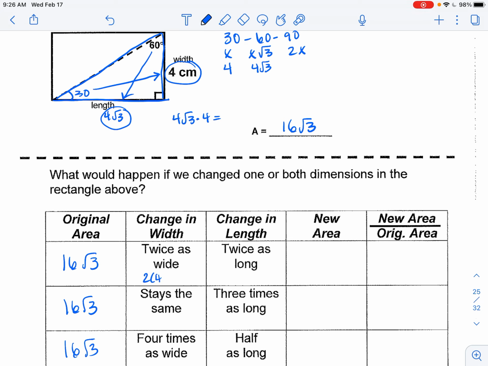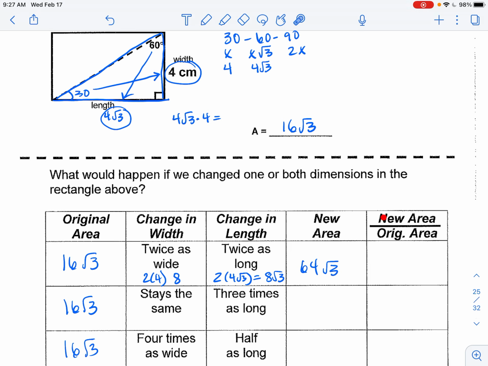So 2 times 4, or 8. And we change the length so that the length is twice as long. That's going to be 2 times 4 roots 3, and so that's going to be 8 roots 3. Well, our new area, if we multiply length times width, that's going to give me 64 roots 3.